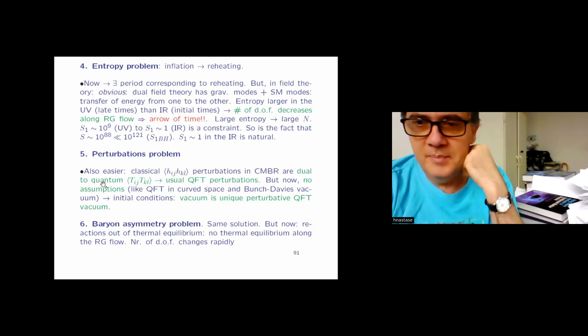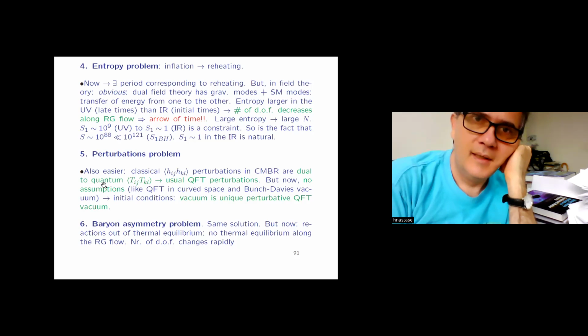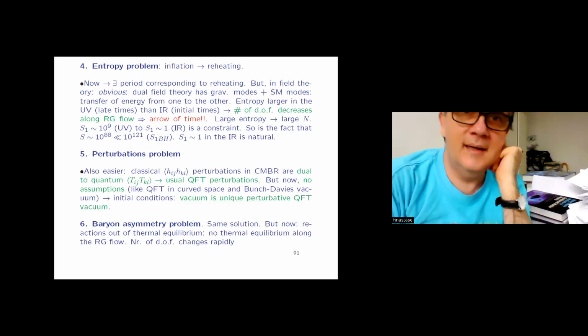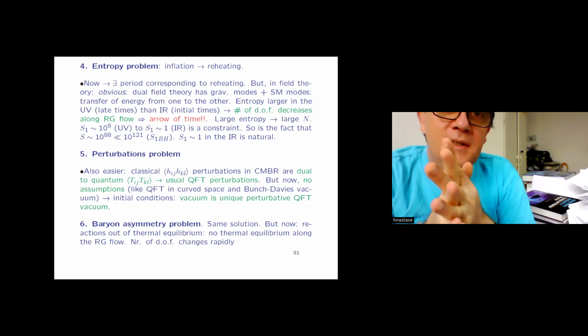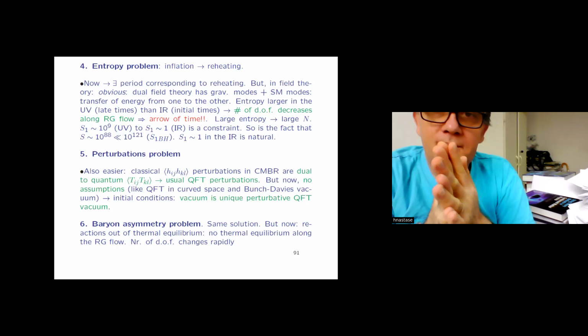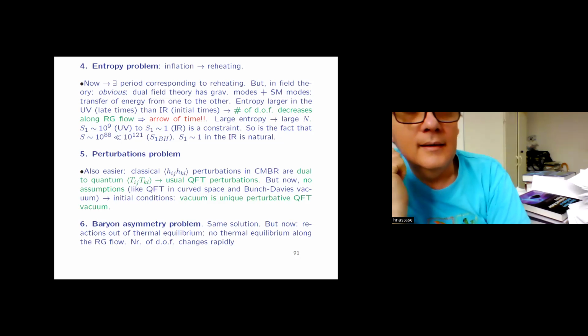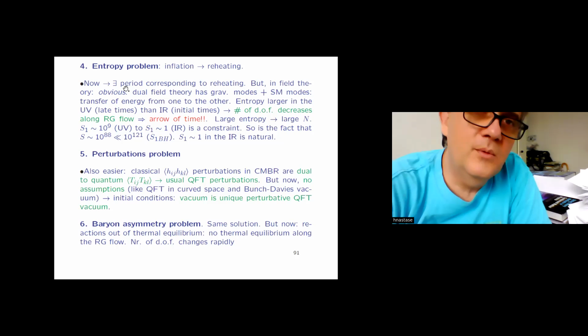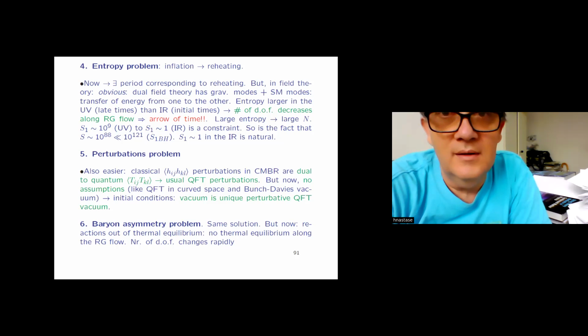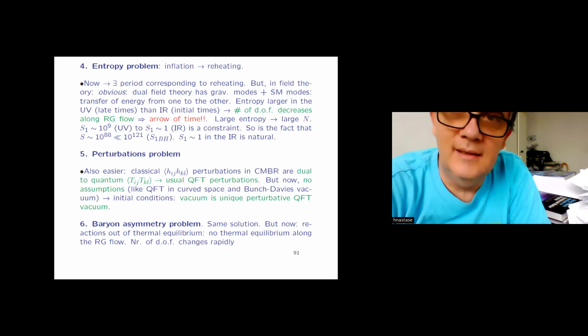All right, the entropy problem. The entropy problem is solved in inflation by reheating, we saw. Now, holographic cosmology, we said, is kind of a strong coupling version of inflation, so it should be solved by a period that corresponds to reheating.